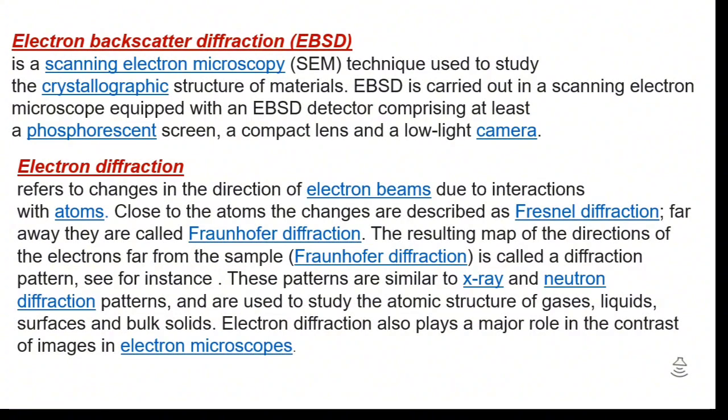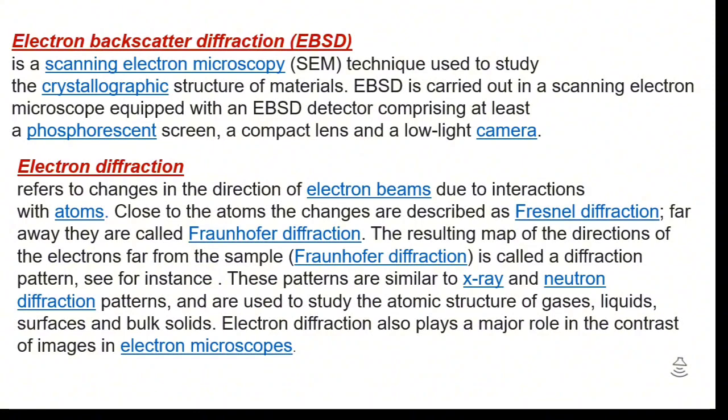Far away, they are called Fraunhofer diffraction.